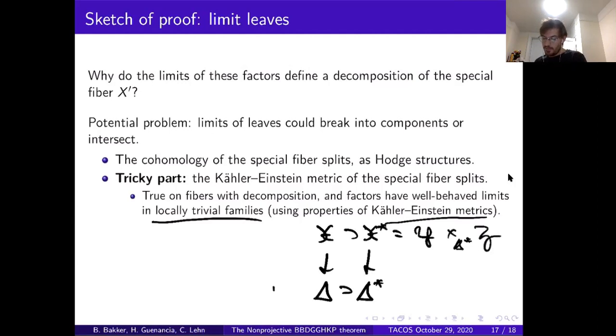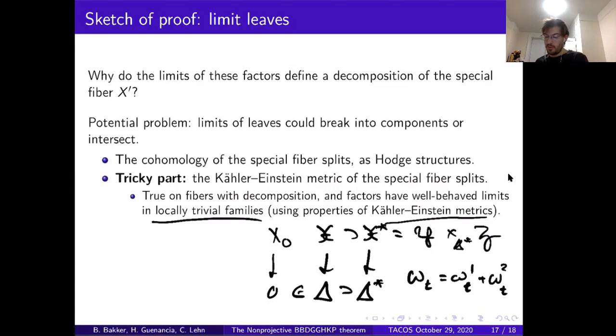And then we have the special fiber. And we have a nice family of Kähler-Einstein metrics, which over here splits into something that looks like the pullback of the Kähler-Einstein metric from the first factor, plus the pullback of the Kähler-Einstein metric from the second factor.